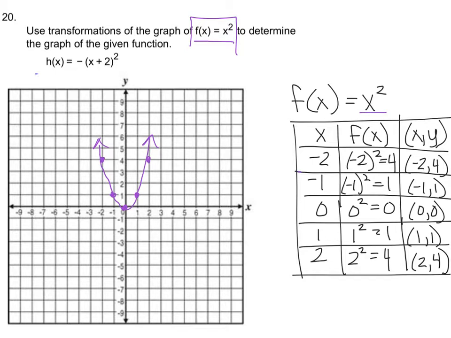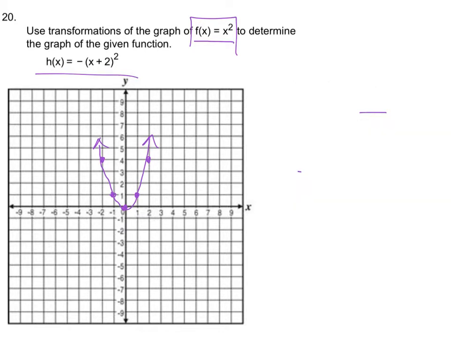And we want to apply transformations to graph h of x. Now the negative that's being applied to the entire function tells me that I'm going to reflect it about the x-axis. That tells me that my y values will change to the opposite sign.